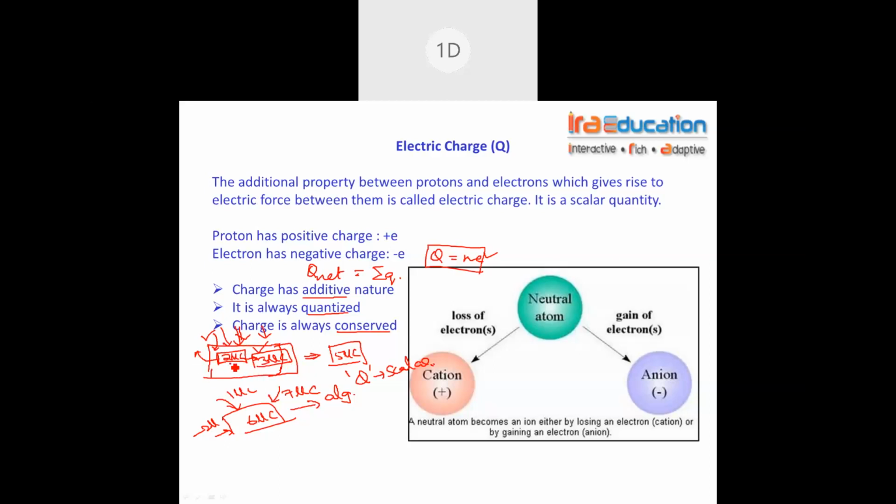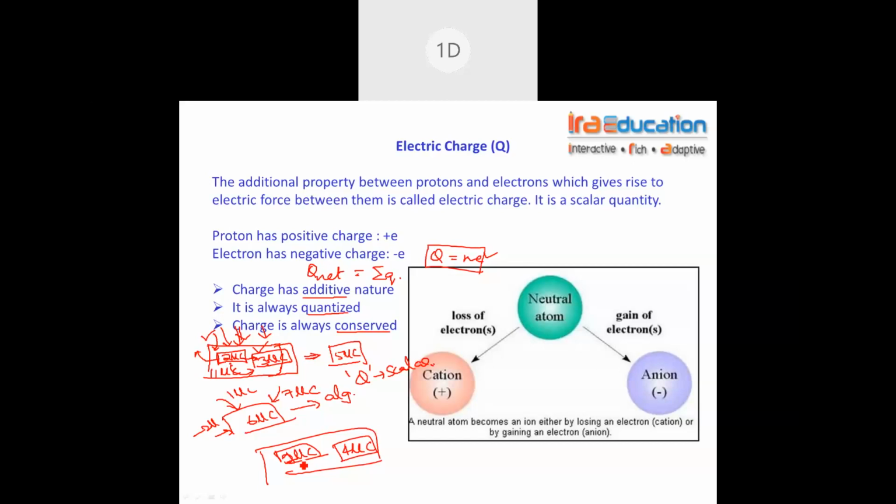So this 2 microcoulomb can gain or lose charges to 3 microcoulomb. Let's assume that it is giving 1 microcoulomb charge to the other one. So now the new situation looks like this. 2 microcoulomb gave off 1 microcoulomb. So now it's having only 1, and this is 4 microcoulomb.